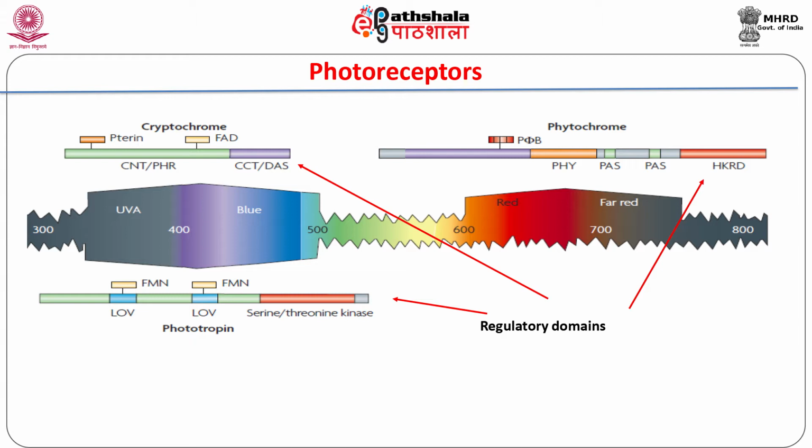The blue light receptor in phototropins is flavin mononucleotide or FMN. Each photoreceptor also has regulatory domains that transmit the light signal to bring about a response. Of these photoreceptors, phytochromes and cryptochromes play a role in regulating photoperiodic responses.